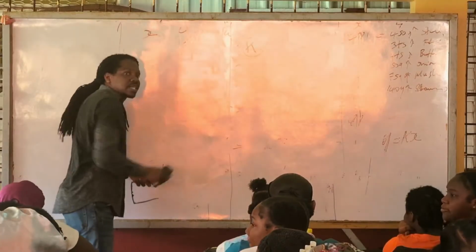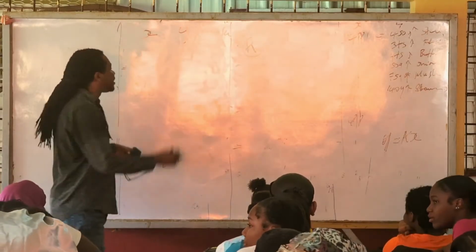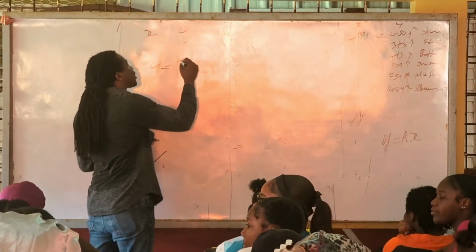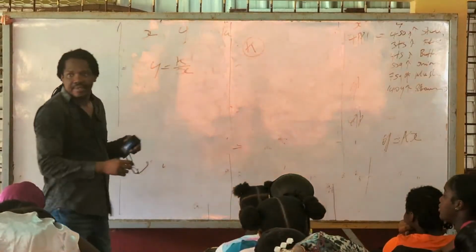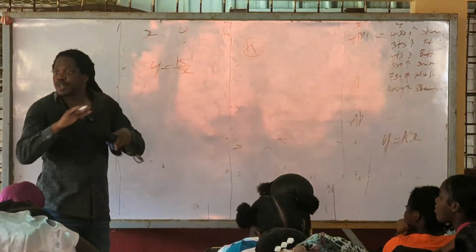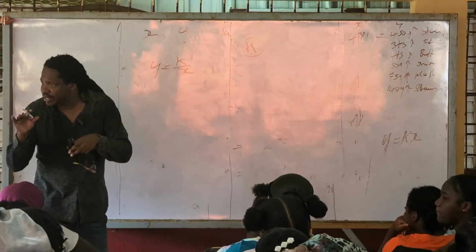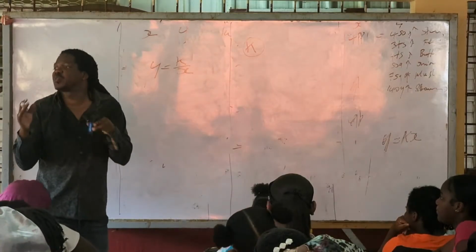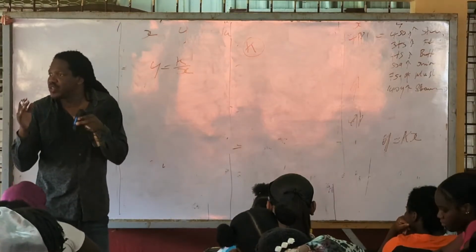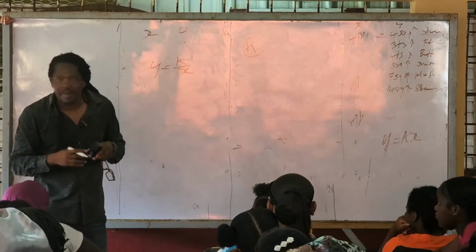The other one is called indirect proportionality. That is where y equal to k over x. That is a different one. We're not going to do none of that yet. So all you have to define is which one of these two formulas you are using. How do you know the formula that you're using?